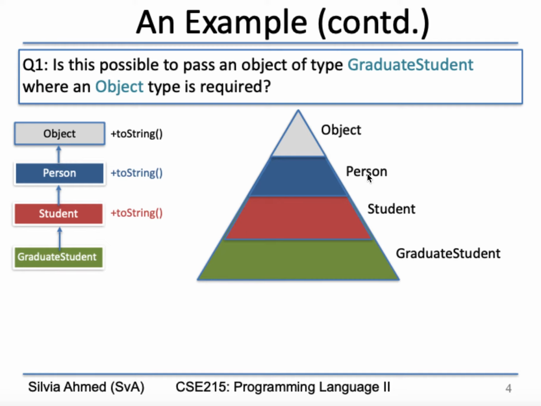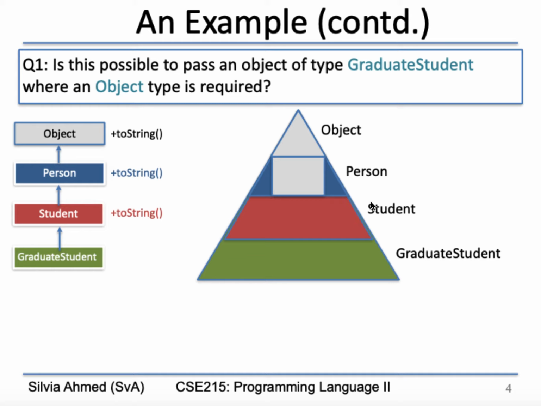Inside the Person class, it is inheriting the public or accessible data fields and methods from the Object class. So inside this Person class, we have some portion inherited from the Object class. Other than this inherited portion, the Person class has its own attributes and methods.